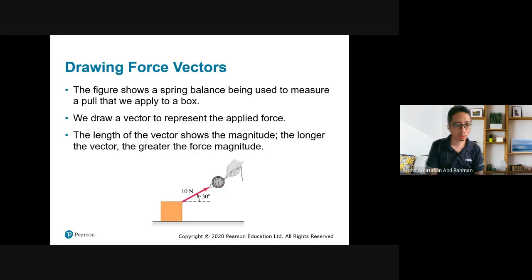What forces are acting here? We have the normal force, the friction force, the tension force, and also the weight force. The line of the vector shows the magnitude: the longer the vector, the greater the force magnitude.